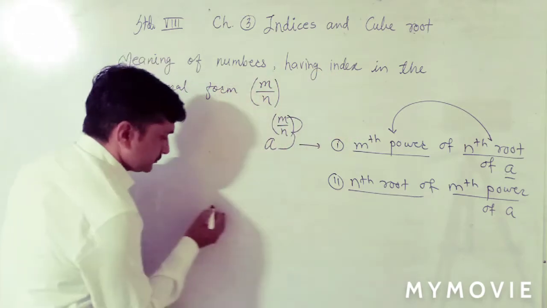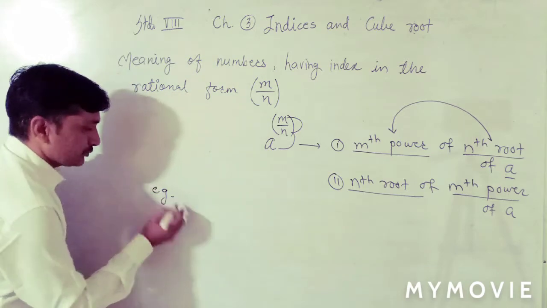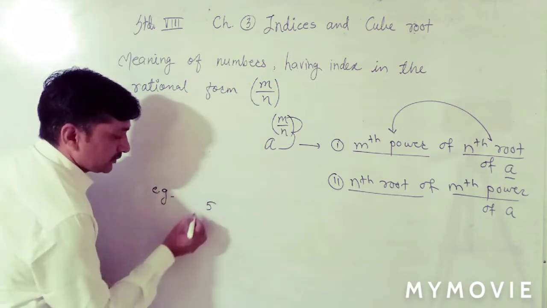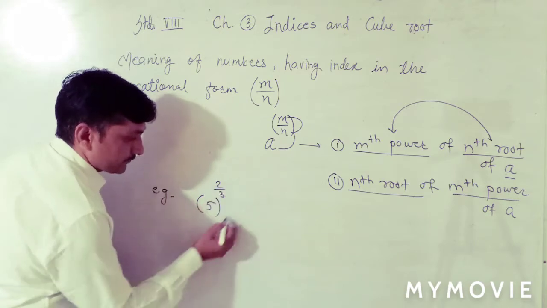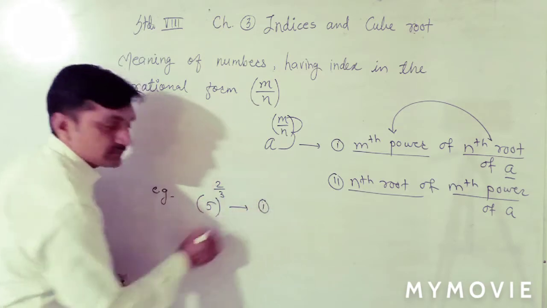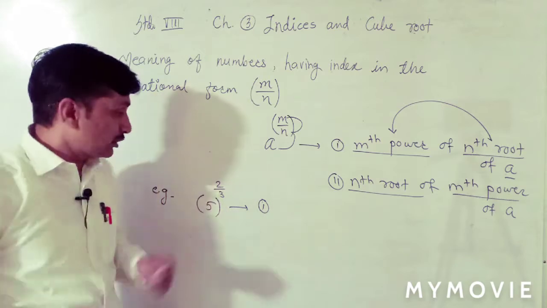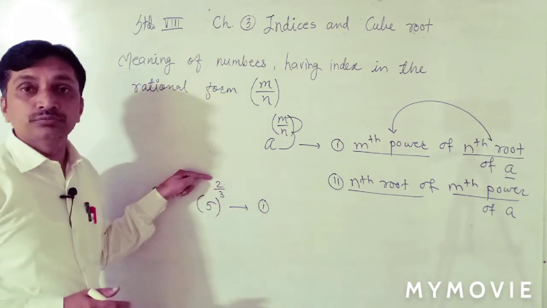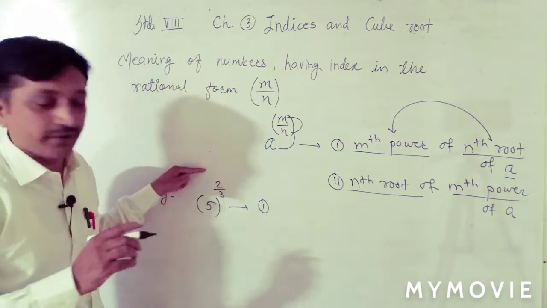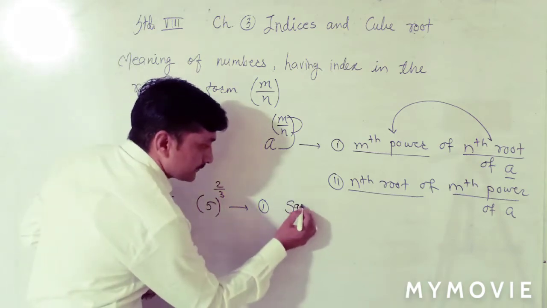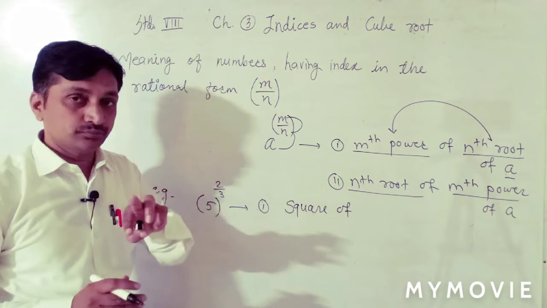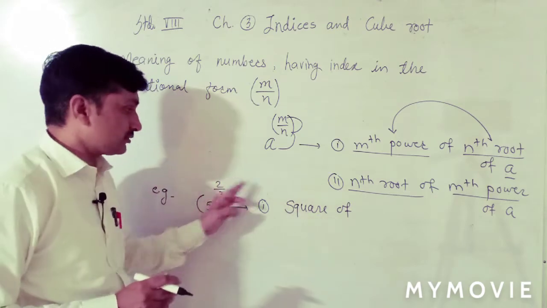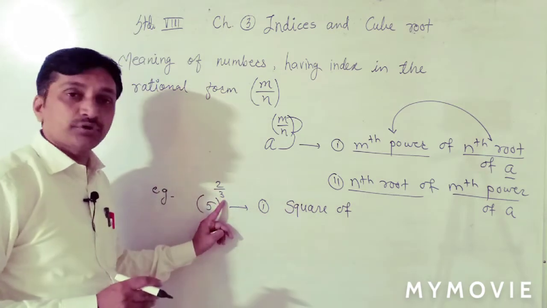For example, if you want 5 raised to 2 upon 3, then how to write this? By two ways we can write. What is the power? 2. Second power means square of. What is the root here? 3.